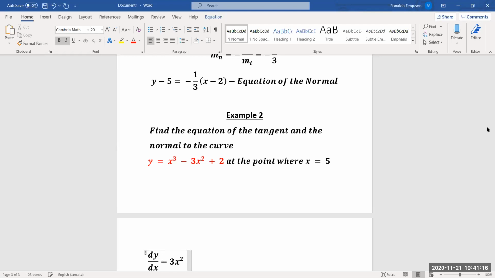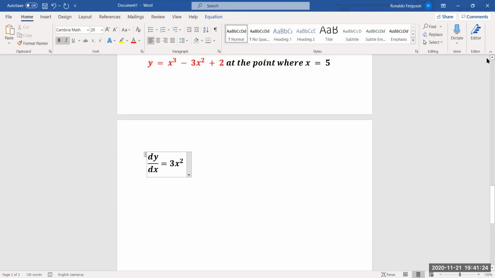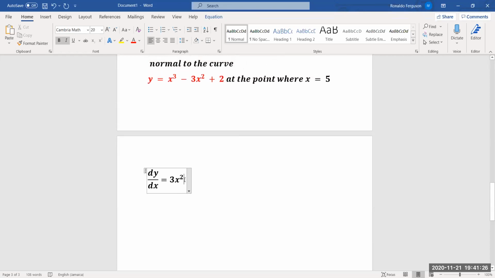Then minus 6x. So that's dy by dx. What do you do next? You plug in the x value of 5.